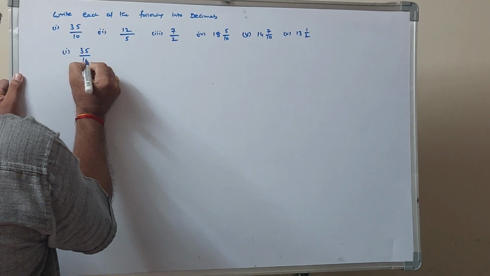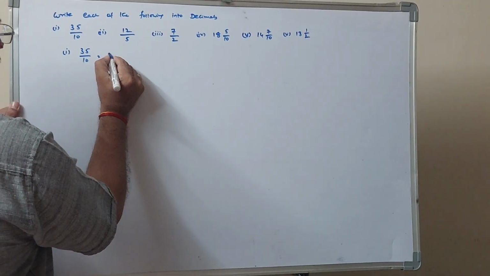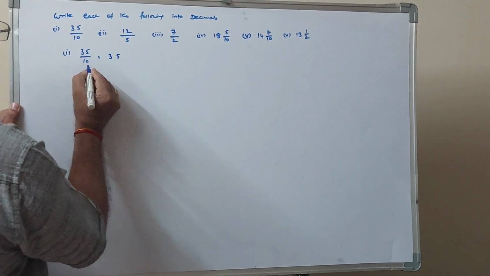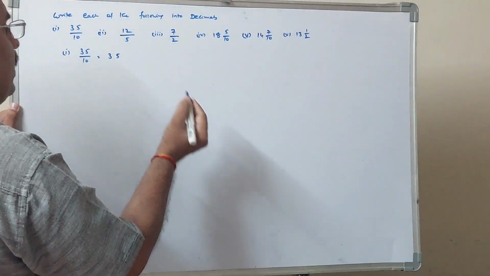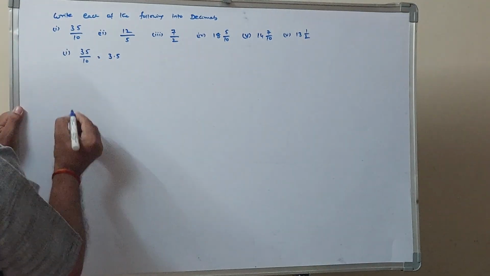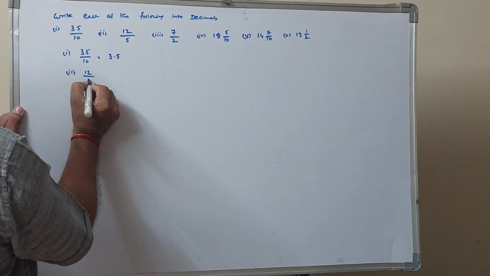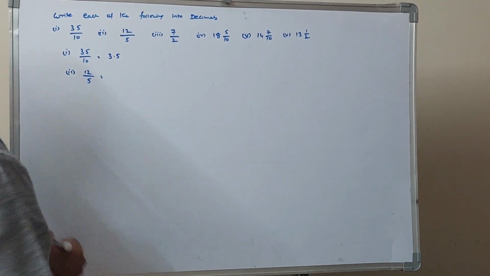So first one, you see, 35/10. What I told you is write the number and put the decimal point leaving the rightmost one digit. Okay, like this, 3.5. Next, 12/5.